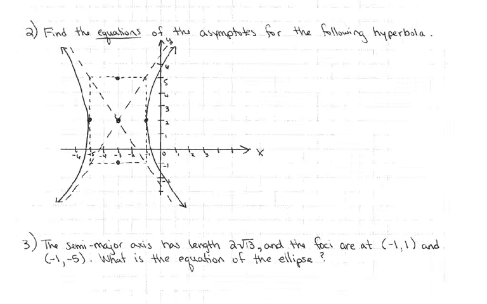So the slopes are the diagonals of this box that we form between the hyperbola. To find the slope of the box, well, here's a point on the line. Here's another point on the line. How do you find the slope? It's rise over run. So the slope must be 3 over 2.